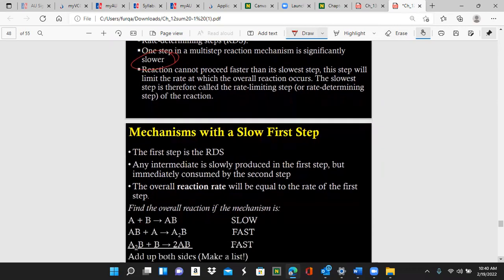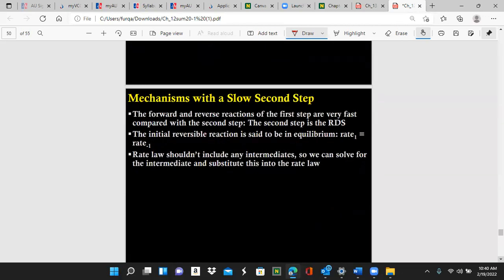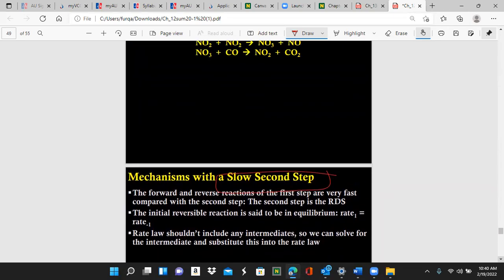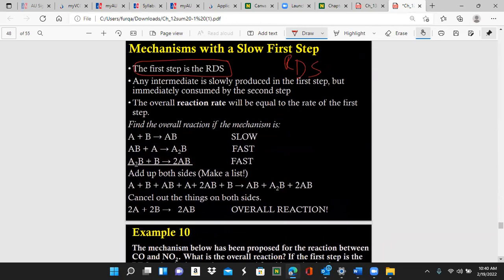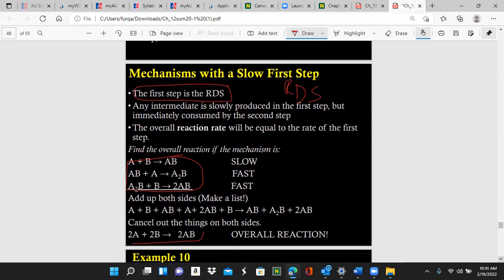So what are we interested in? We are interested in the rate determining step. In some reactions the first step is going to be the rate determining step, and in some of them the second one is going to be the rate determining step. How come one and second? Let's say these are three preliminary or intermediate reactions which are happening in order to give us this overall reaction.